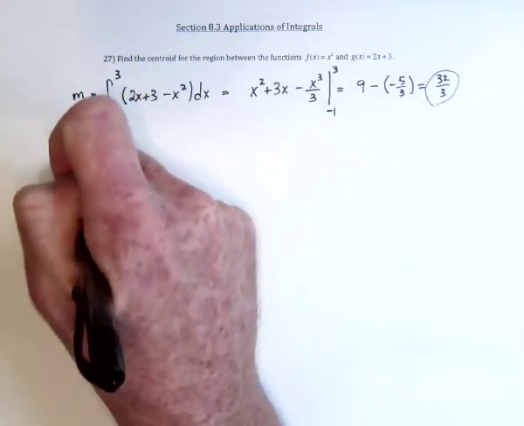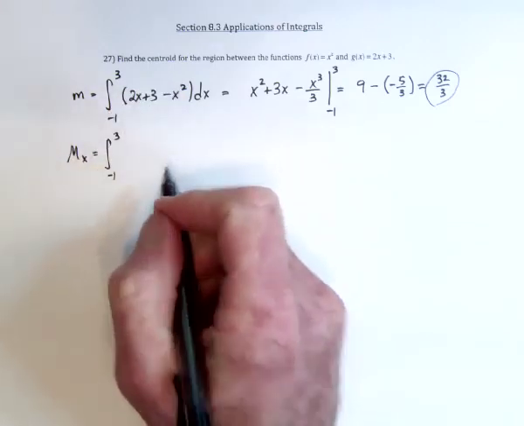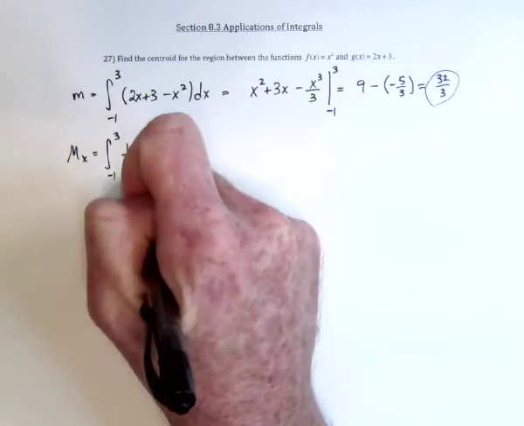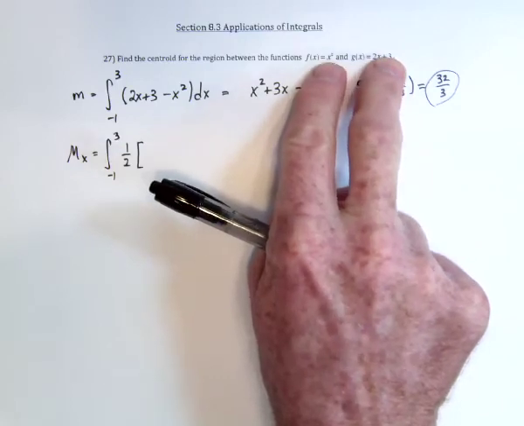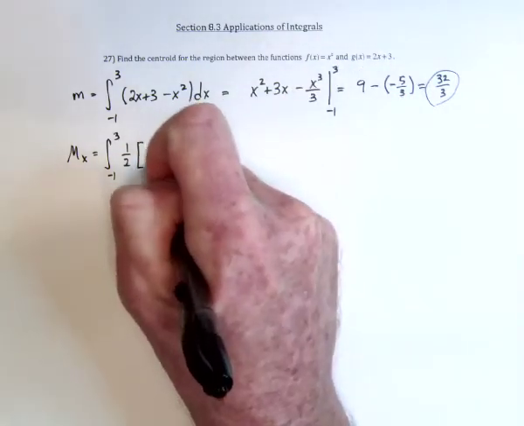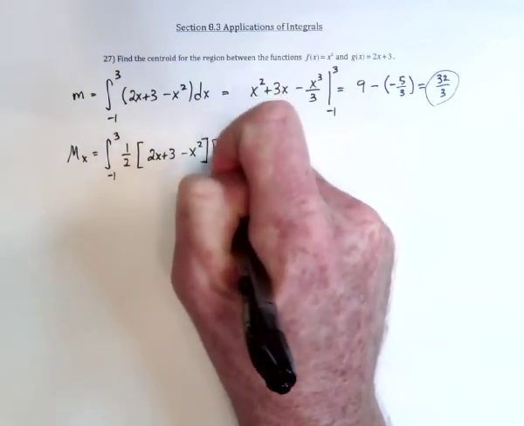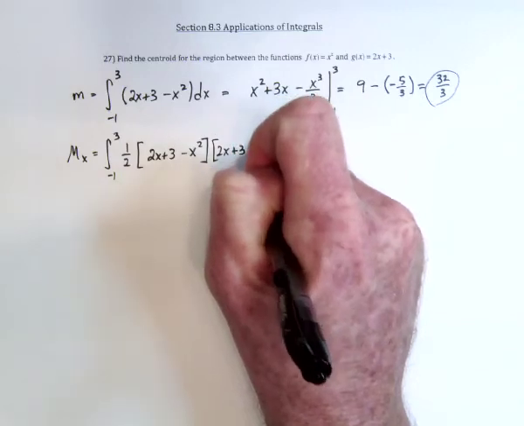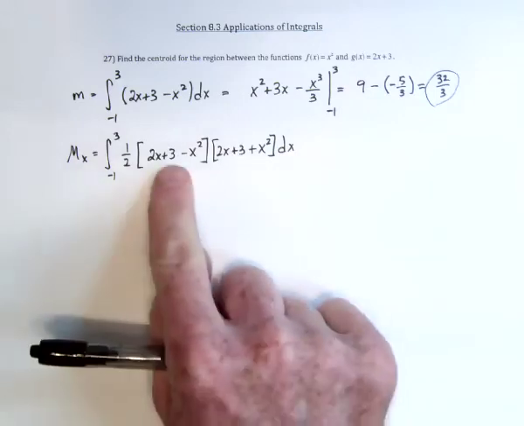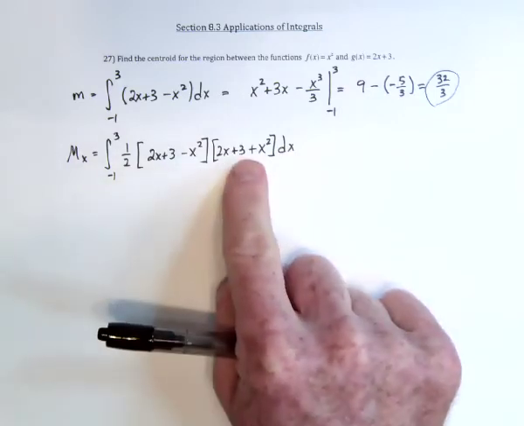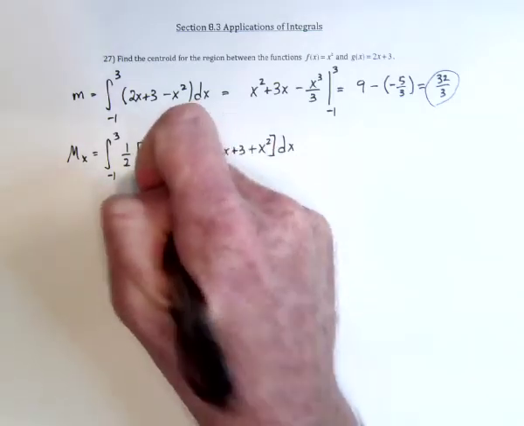The moment about the x-axis, you integrate from -1 to 3. This is the one that has 1/2. You subtract the 2 functions, and then you add the 2 functions. So it's the 2x plus 3 minus x squared, times the 2x plus 3 plus x squared. You could multiply out these 3 terms times these 3 terms, or you could realize this is really a difference of squares.